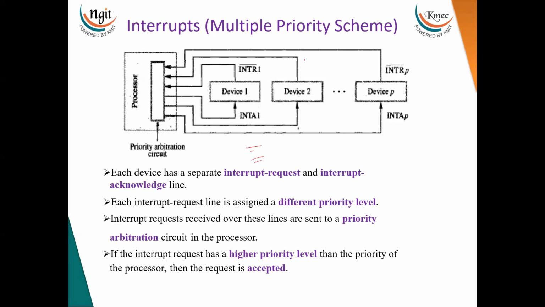At that time, if device 2 requests service, and device 2 has a higher priority than device 1, then the microprocessor will stop executing this ISR and jump to the ISR of device 2. After executing this, it will come back to the device 1 ISR and finish it, and after that it will go back to the main program.